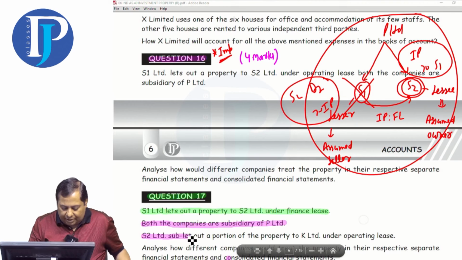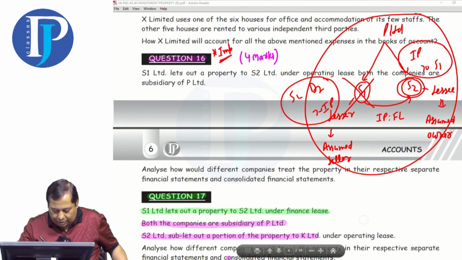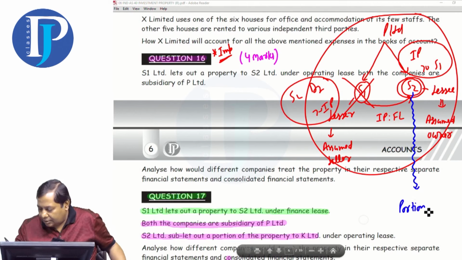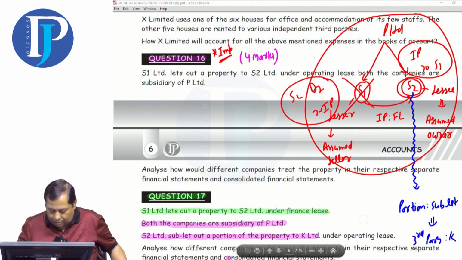S2 sublet a portion of the property to K. What did this subsidiary S2 do? A portion of its own property is let out now, to a third party. The third party is K. In which lease?